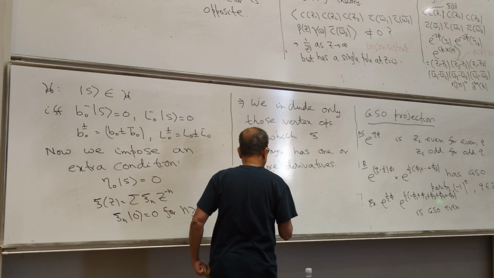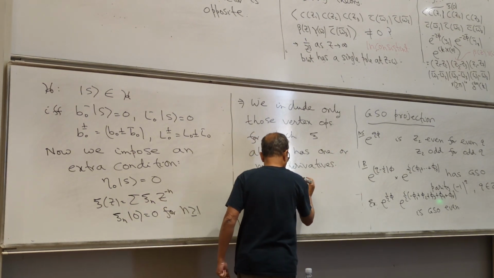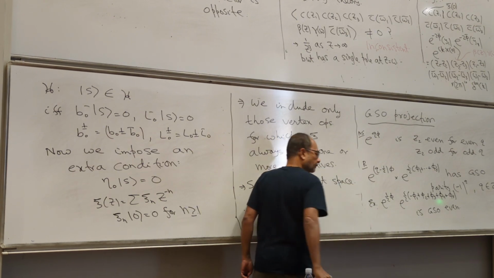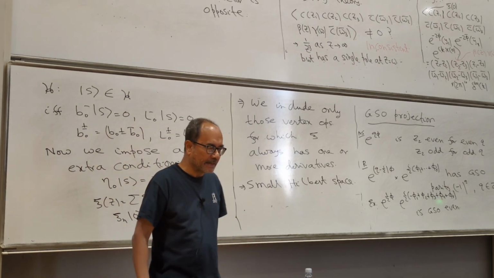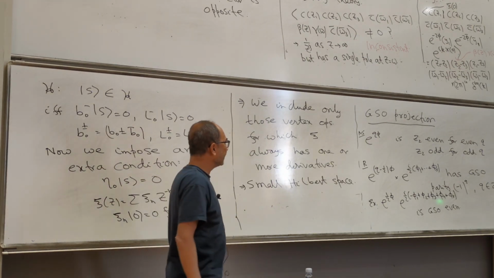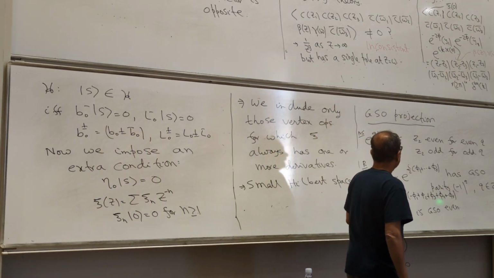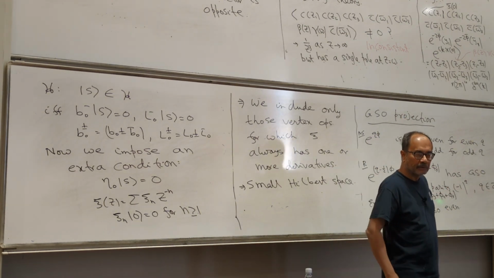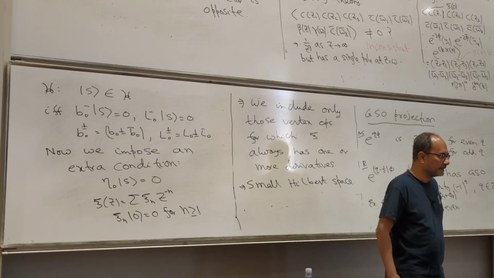So this is known as the small Hilbert space. The small Hilbert space means that your vortex operators don't have xi without derivatives, and that's automatic if you define your Hilbert space, or the space of vortex operators, in the way I have described, where you start from a basic object in terms of e to the q phi and e to the i phi by 2, and then apply only the beta and gamma oscillators.